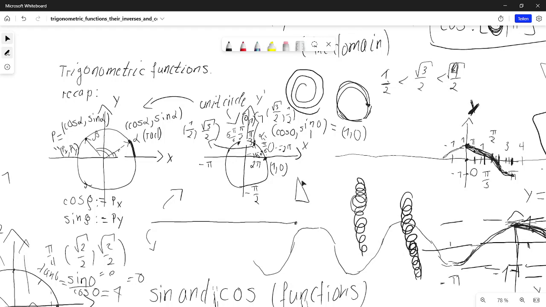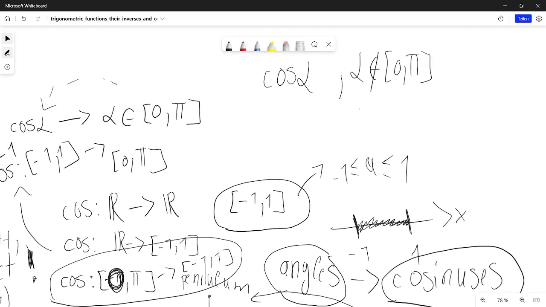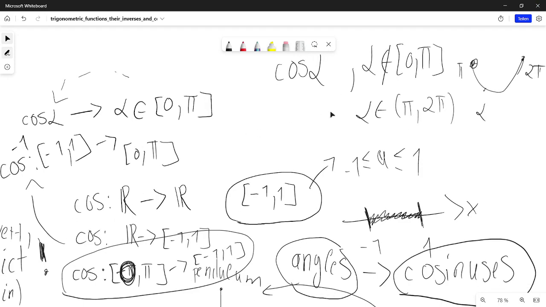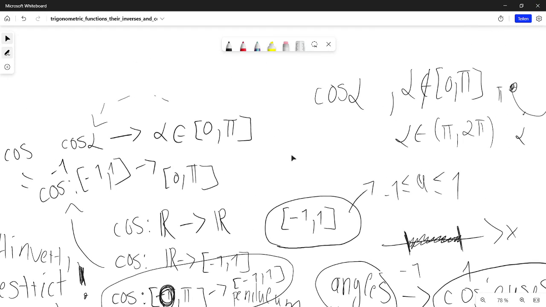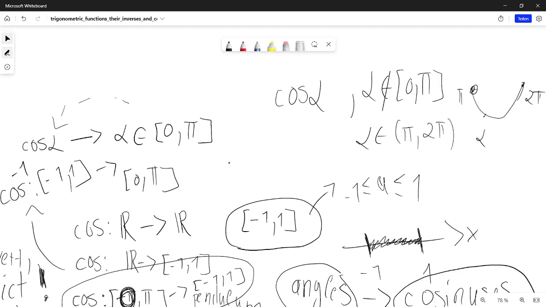This alpha would be in many intervals, but for example, in the interval of pi to 2 pi, on the lower half of the circle. So here's pi, pi is excluded, and here's 2 pi somewhere, and the spiral goes further. Alpha would be just an angle here. And what would it do if you would compute the cosinus of that?